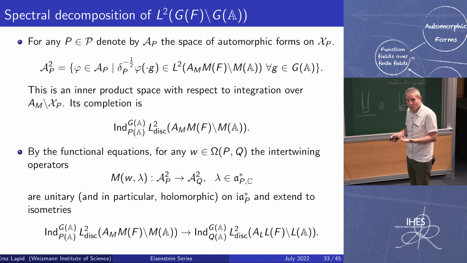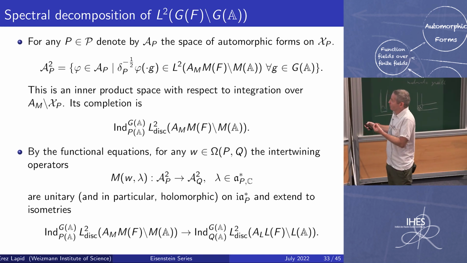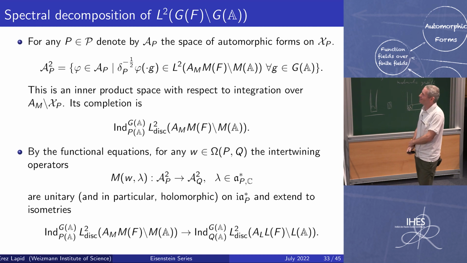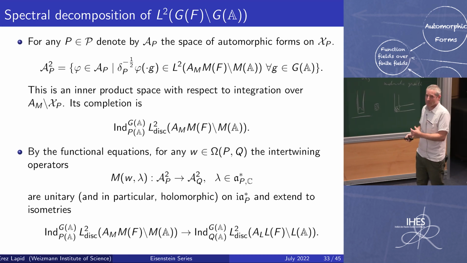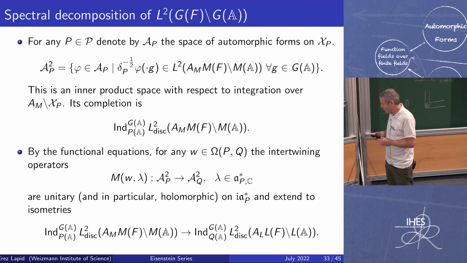In particular, they are holomorphic, and so they extend. A priori, they are just defined on the automorphic part, but because they are unitary, they extend to the whole Hilbert space. So I have these isometries, which, as I said, I emphasize are highly non-trivial.